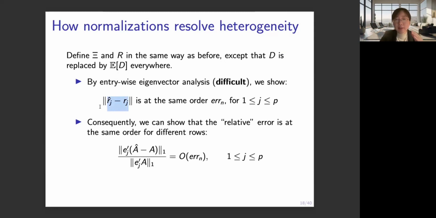Okay, and as a consequence of this, if we go through our analysis, then in the end, we can look at the estimation error allocated to each word. You will find that it is proportional to the overall frequency of the words.